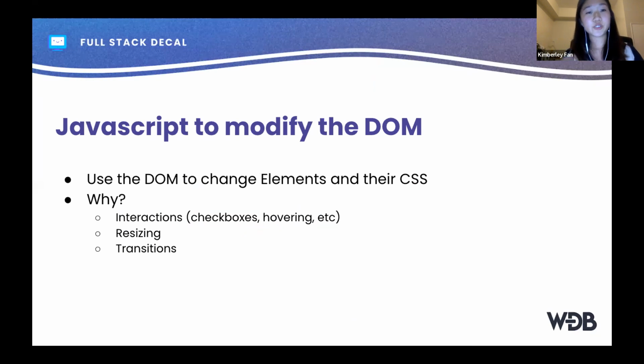So in order to do so, we can use the DOM to grab the elements from the HTML and change their CSS, change their functionality, change resizability. There's a ton of things that you can do with JavaScript. Some of these that were listed, I mentioned before: you can resize your window, you can add transitions, you can make a lot of interactions such as checkboxes, hovering, etc.